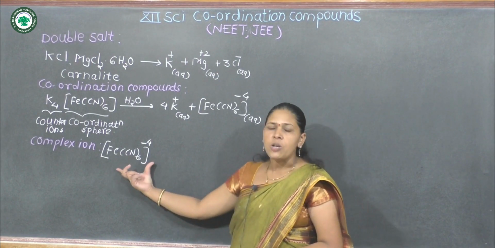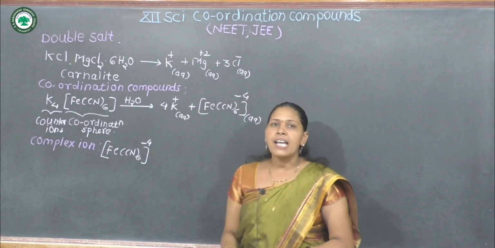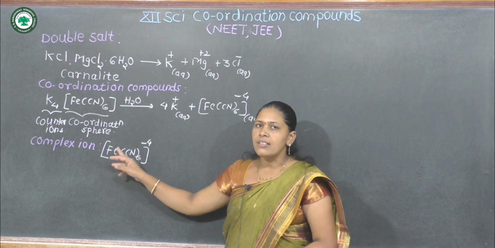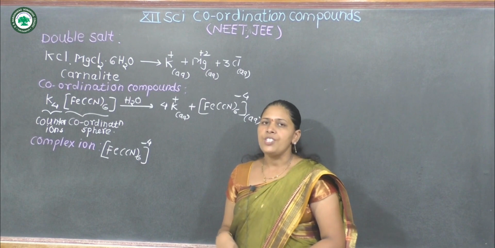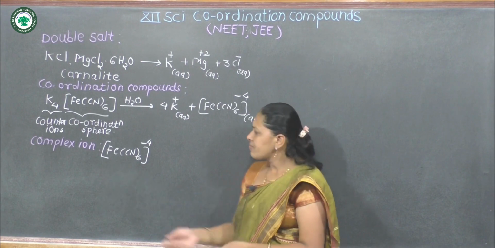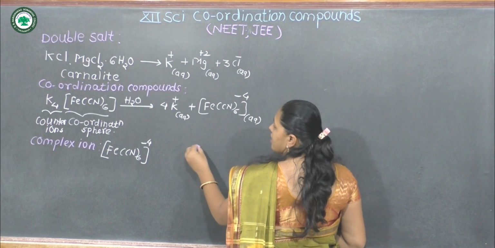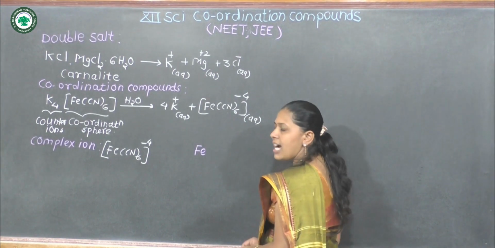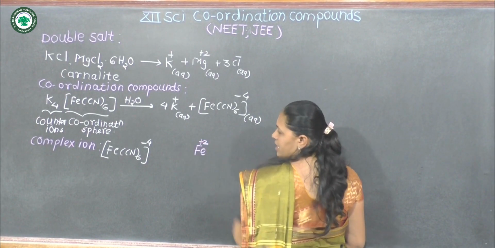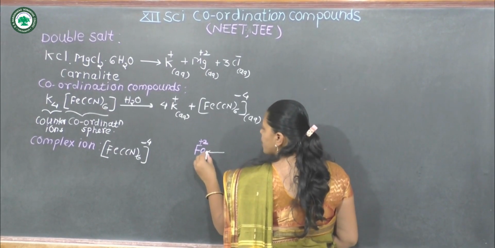Here 6 cyanide ions are combined with a simple cation. Iron is the central metal ion which has positive charge, therefore it is called the central cation. Central metal is iron in +2 oxidation state, and there are 6 cyanide ions attached to it.